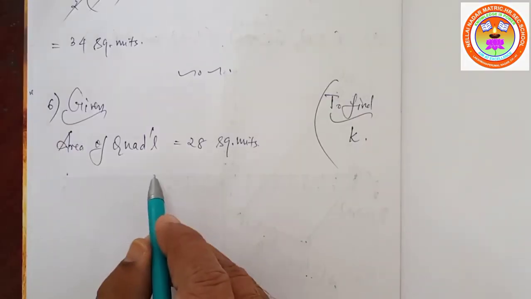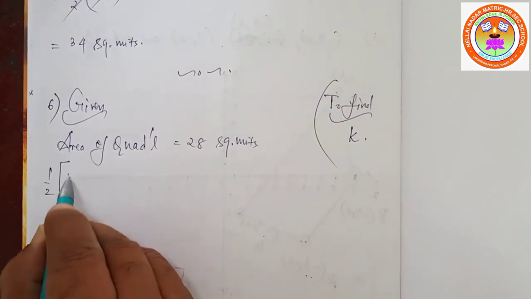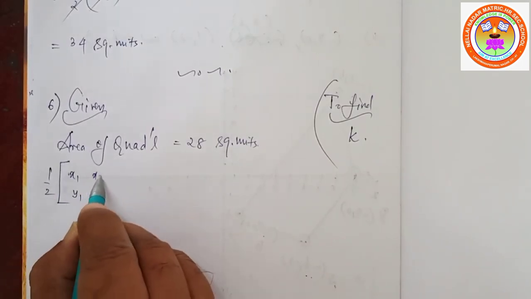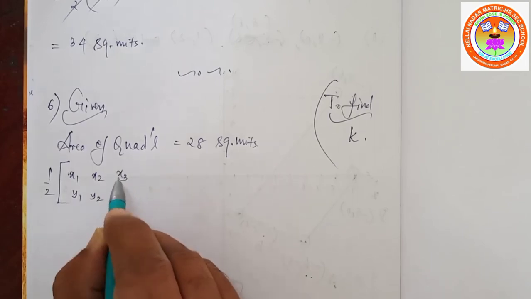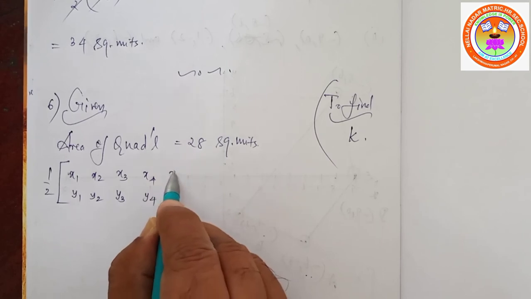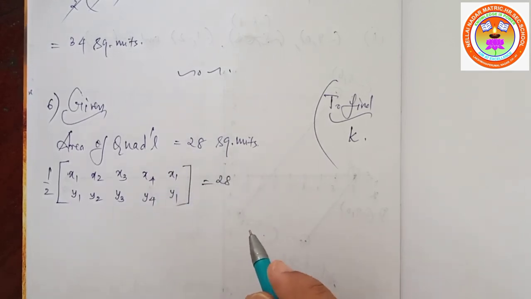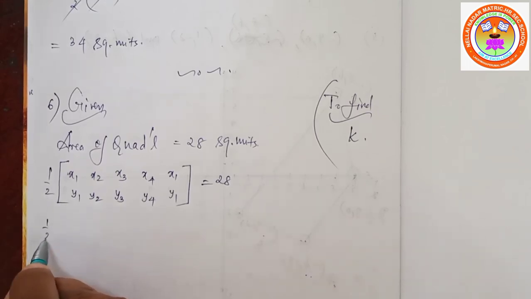Right, given area of a quadrilateral. So write the formula in the next line. Half x1 y1, x2 y2, x3 y3, x4 y4, again x1 y1, that is equal to 28. Half.